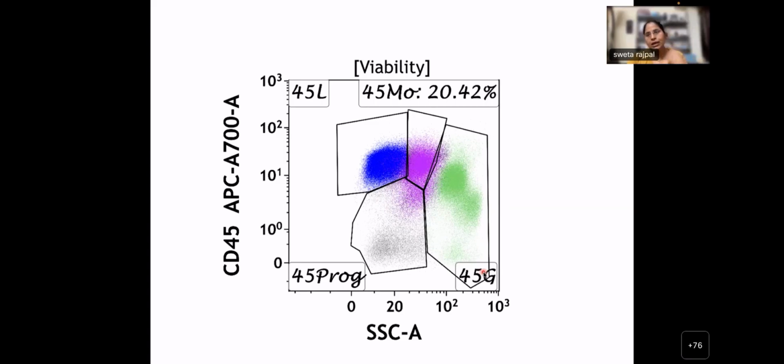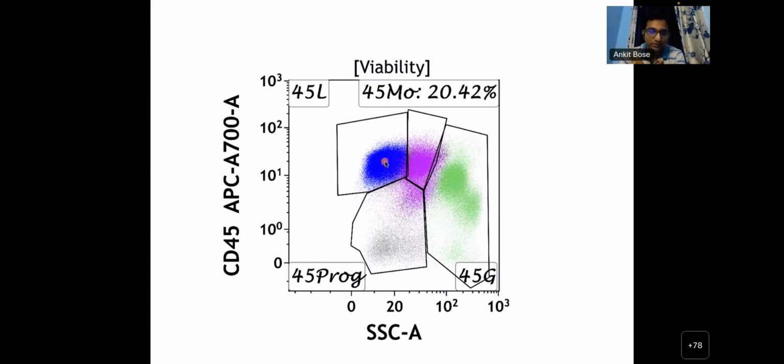Okay, so now if we go to this, Ankit, would you like to tell what are these blue cells here? These blue cells are lymphocytes. Why do you say so? Because the lymphocytes have the least granularity.